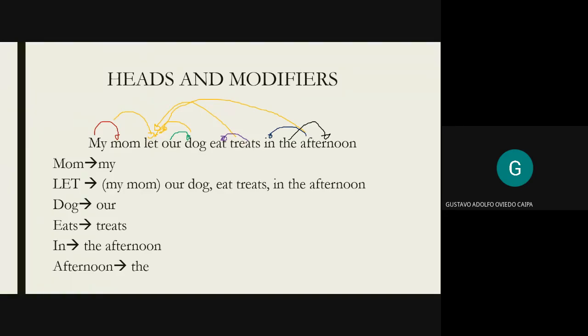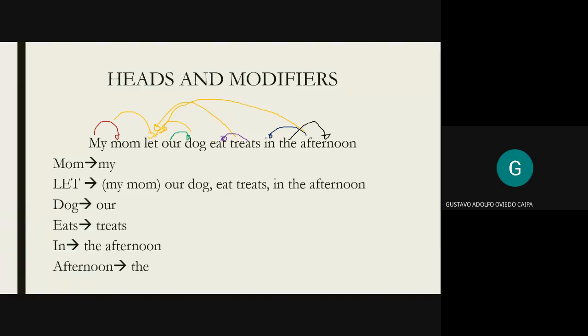So, as you can see, in syntax, what we analyze is how the sentence has these different elements inside. The elements of the sentence are not individual words. As you can see, the elements of the sentence are phrases. They are words that work as units. Those units are the ones that make the sentence, but not individual words.